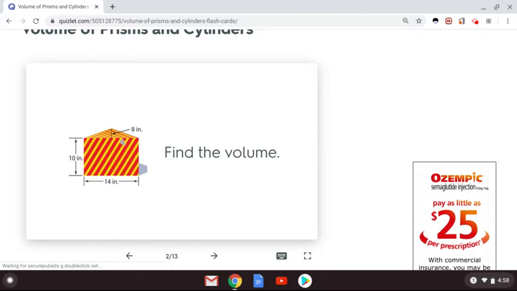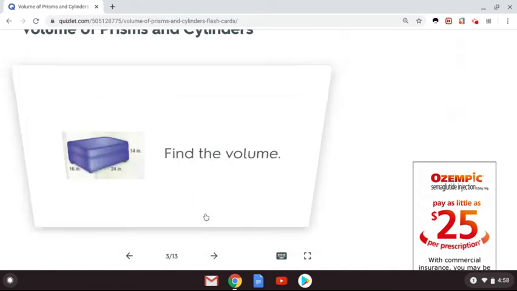Actually, yeah, so then we would go ahead and actually multiply this times this, and then we need to be able to figure out what this side is. Okay, so this is where your trig ratios would be coming in handy. So you'd have to use a trig ratio to figure out what this side is, and then obviously then you'd be able to go ahead and multiply this times that side. Okay, so then we move on to the next one.